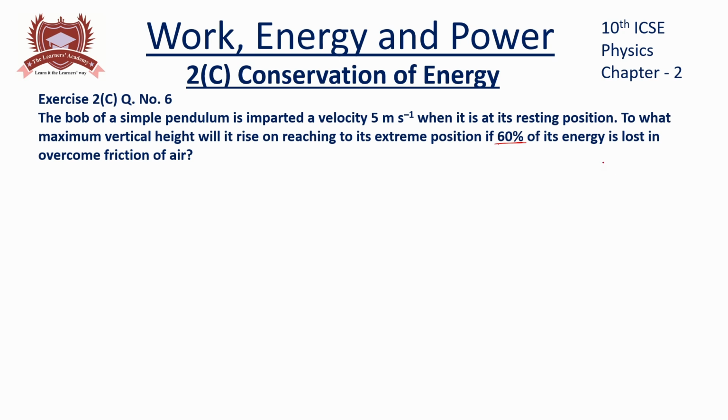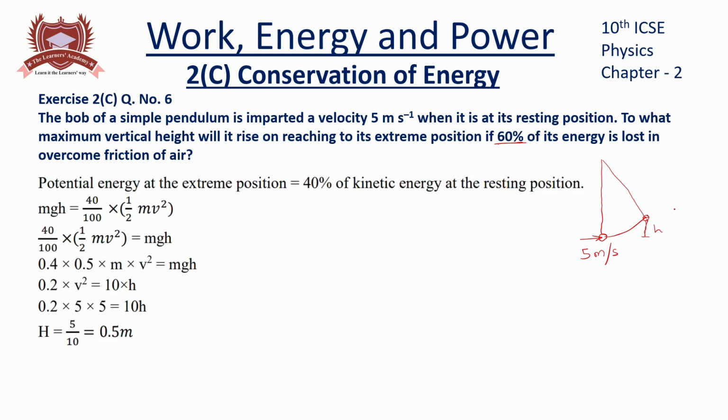So what they are telling us, we have a pendulum like this, a bob is here, we are giving it a velocity of 5 meters per second and it moves like this to a height here somewhere, which is at a height h from this level. Okay, so let's see what we have.